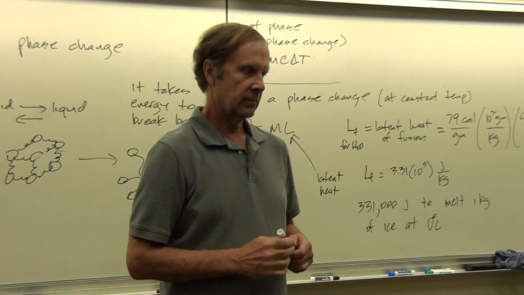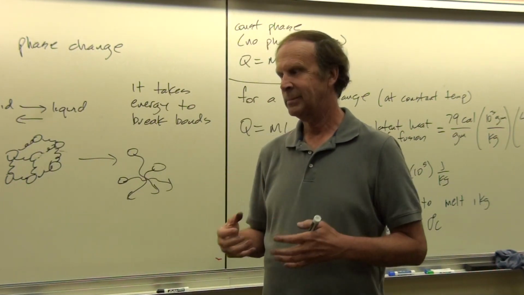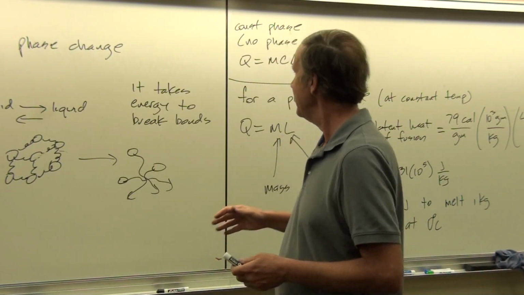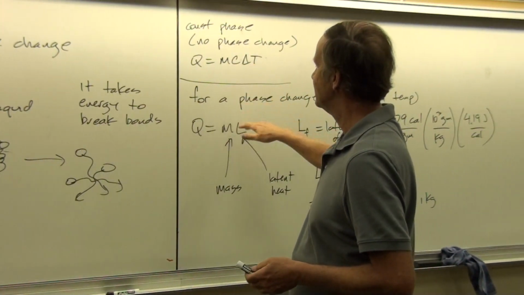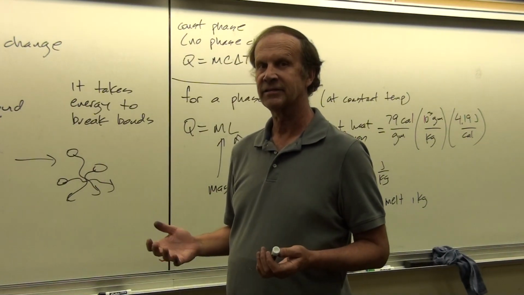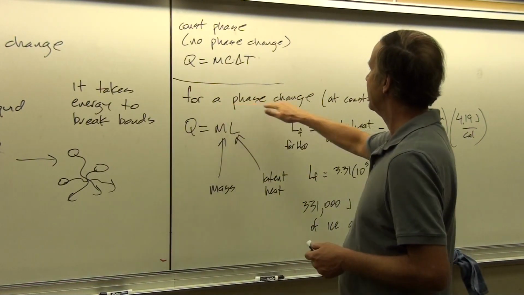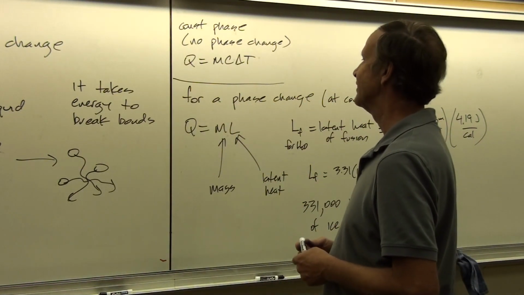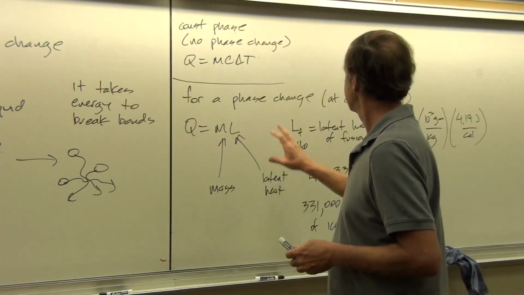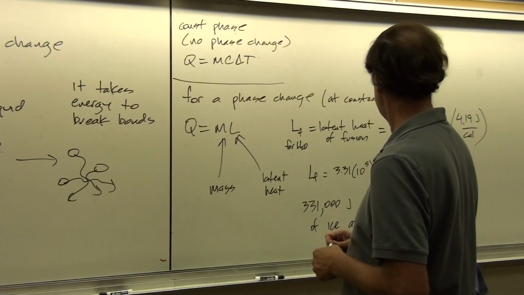Now, if you don't stir a bunch of ice that is melting to maintain thermal equilibrium, then you may have places where the temperature is changing and other places where you still have ice. But by stirring it, you maintain thermal equilibrium, and then these simpler equations will apply. It gets really complicated in a real life situation if you don't have thermal equilibrium. And so we like to look at either one or the other here, but not both at the same time.